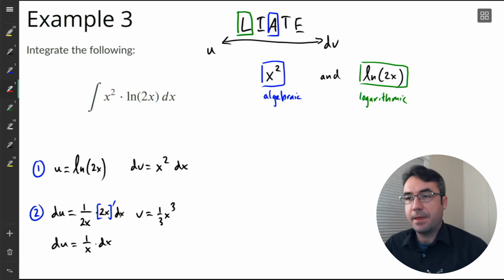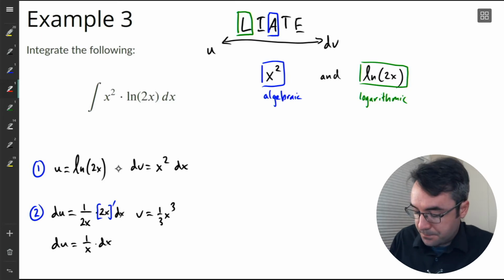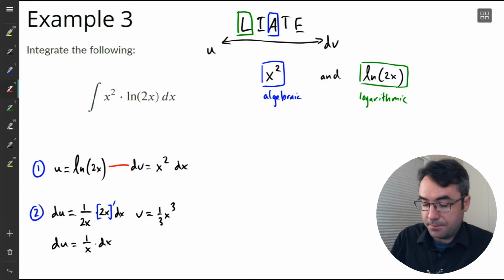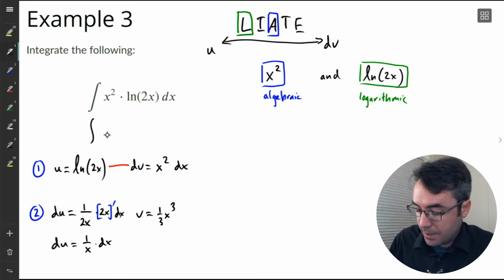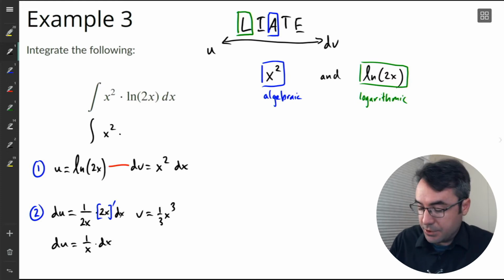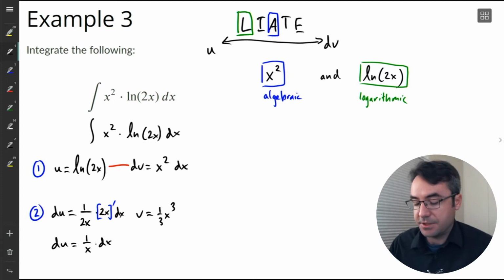All right, so how do we do this? Well, u times dv is the original integral. So that's what we're doing originally. It's dv is x squared times u is natural log 2x, and then we have our differential at the end. So that's u times dv.